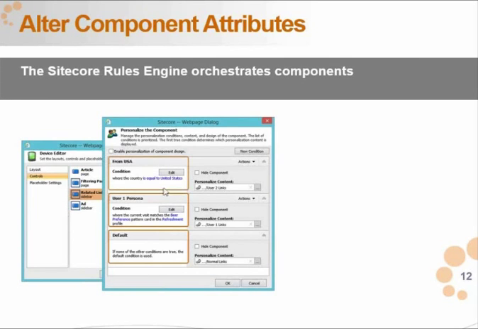Or we can also change the condition by geography. Let's say we know the user comes from the United States, then we can personalize and change the link based on where they come from as well. With personalization, you can also hide the component, change the component, and change the component data like this.